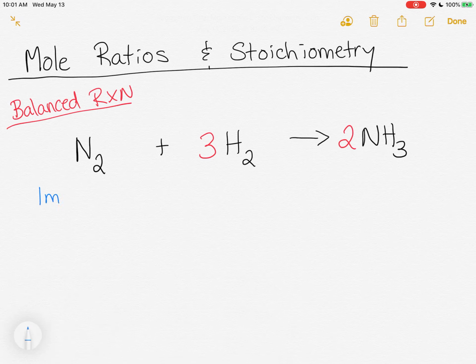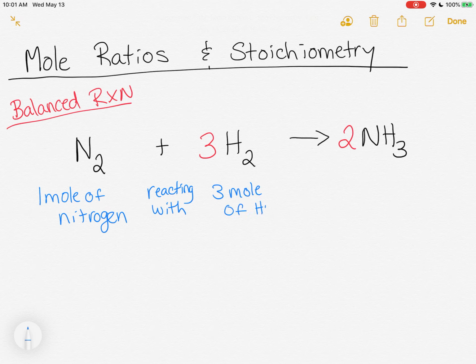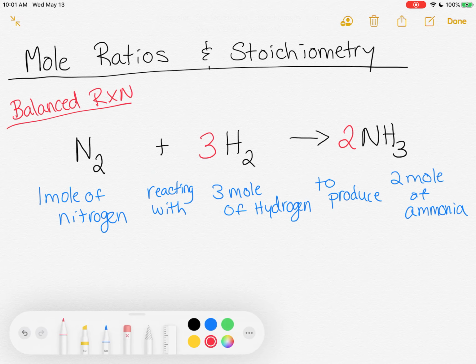Now, if we talk about this reaction in words, we could say that 1 mole of nitrogen is reacting with 3 moles of hydrogen to produce 2 moles of ammonia.